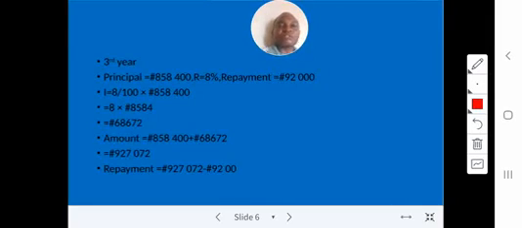Now, for the third year, the principal is now 858,400 naira, and the rate still remains 8%. The payment is still 92,000 naira.